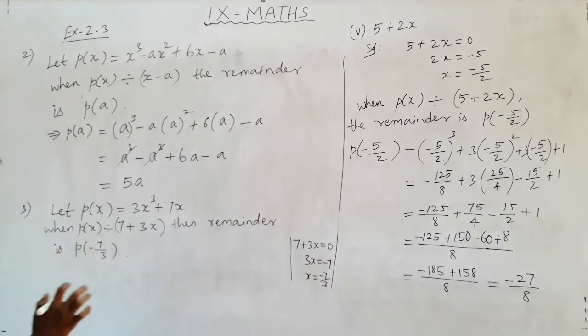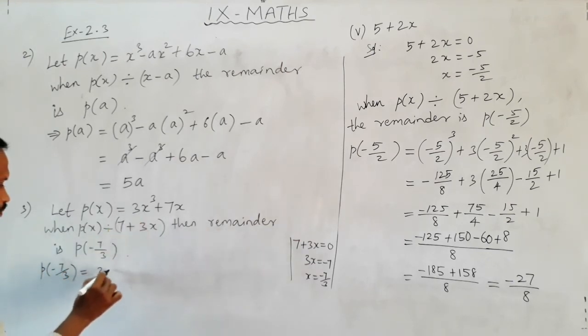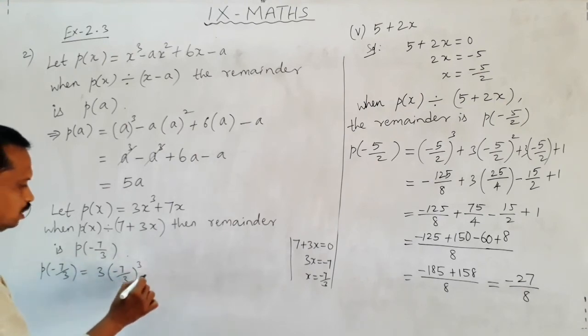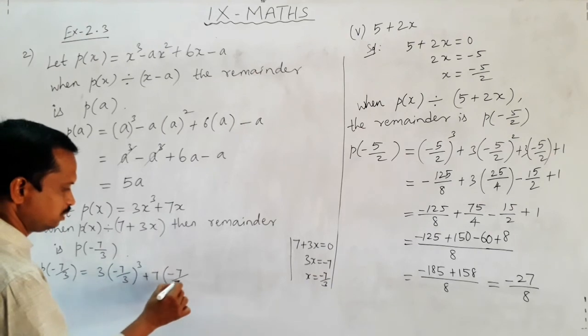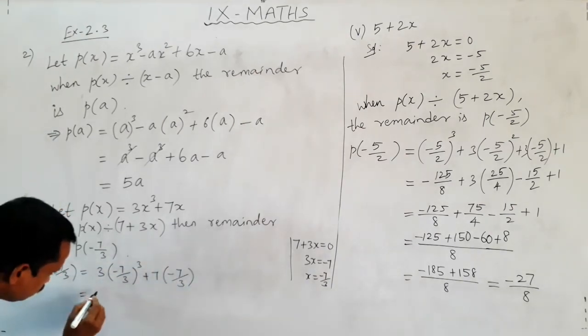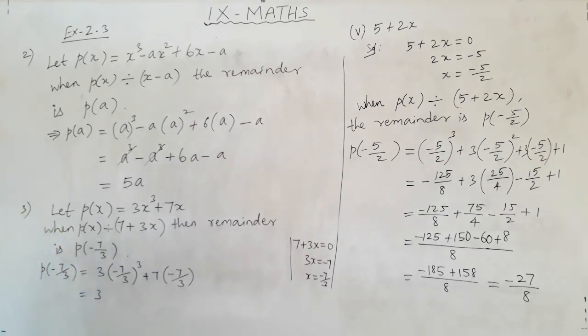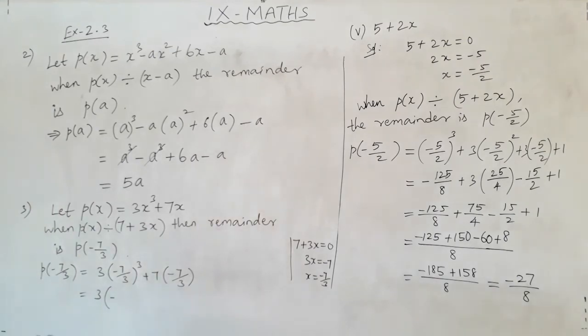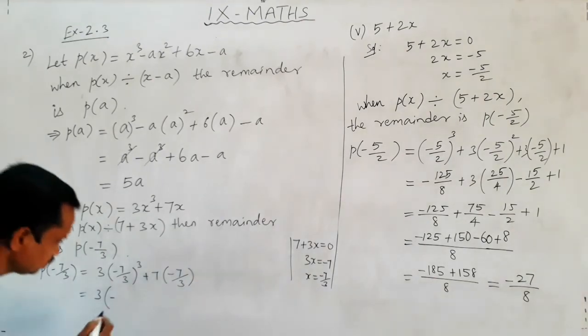So if you try to find p of minus 7 by 3, it is equal to 3 into, for x, minus 7 by 3 whole cube, and then plus 7 into minus 7 by 3. Clear? So what do you get? 3 into minus, if you apply the cube you get minus, so within the bracket put minus, and for 7 into 7 into 7, what do you get? 7 into 7 is 49, 49 into 7 you get 343.